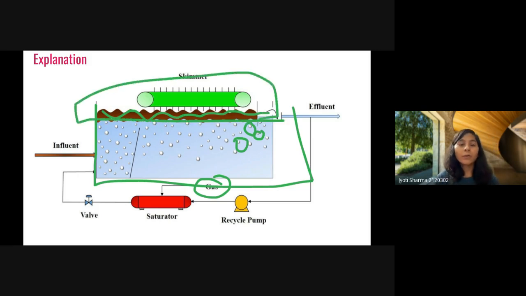So whenever we have oil particles or something very light, we give that air to your wastewater. This is how that will come on the top, and this will be removed by the skimmers. So that's why we are using this flotation and nitrogen gas in that flotation.